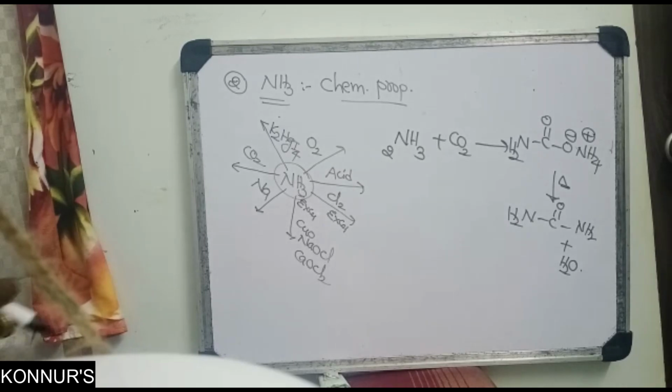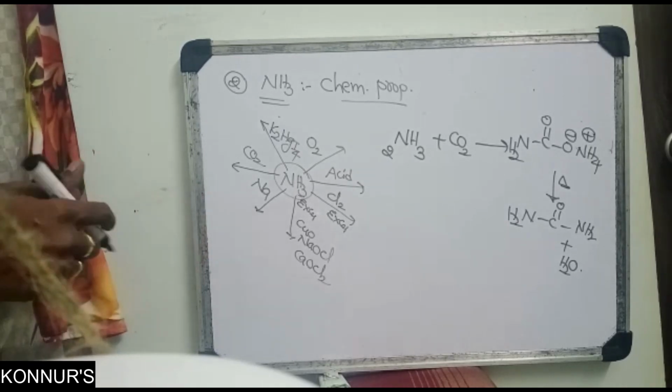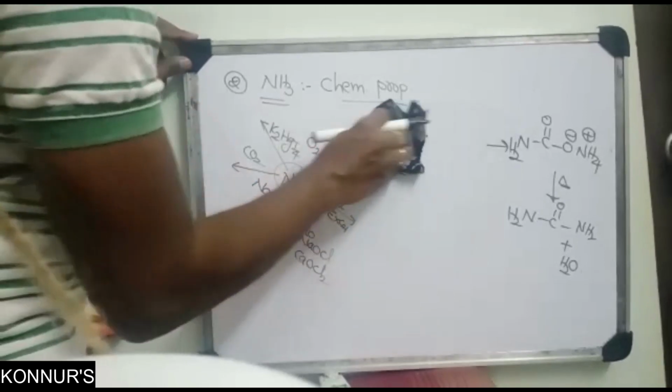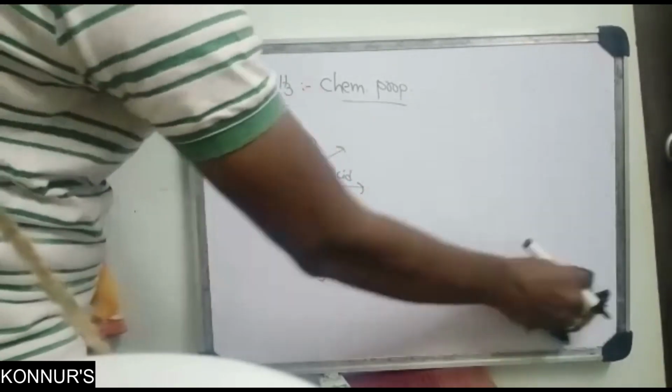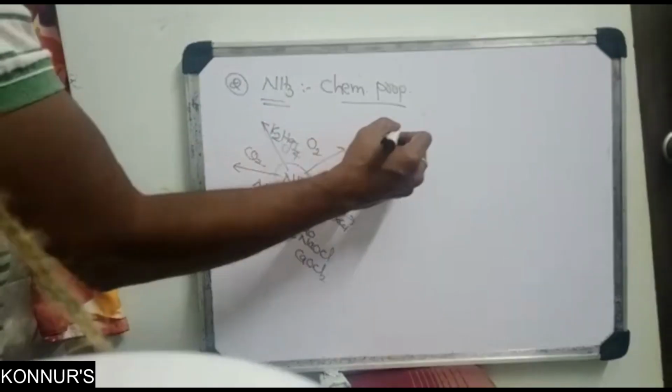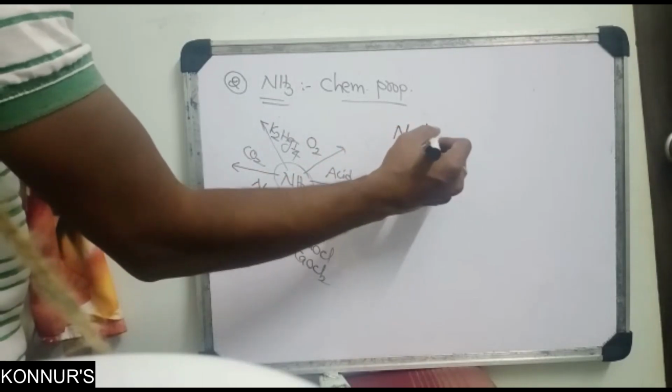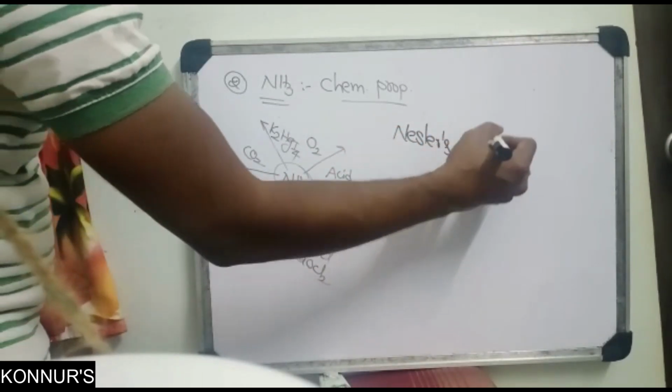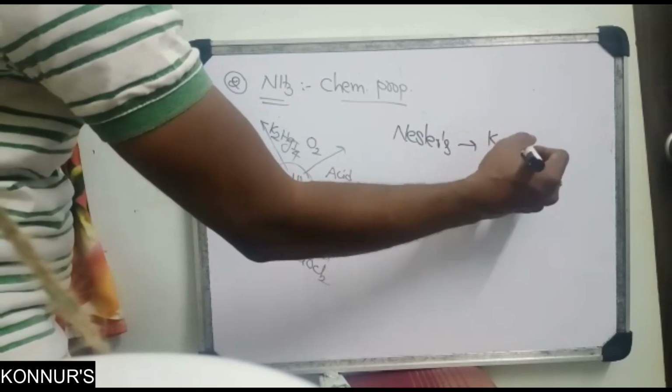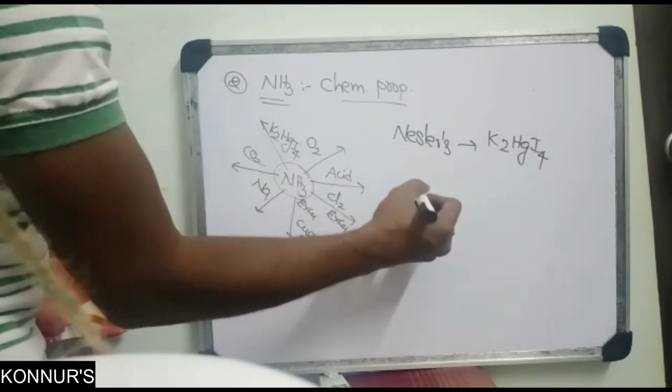Next, K2HgI4, that is famous. That is for the ammonia detection purpose, with Nessler's reagent. So what is Nessler's reagent? K2HgI4.